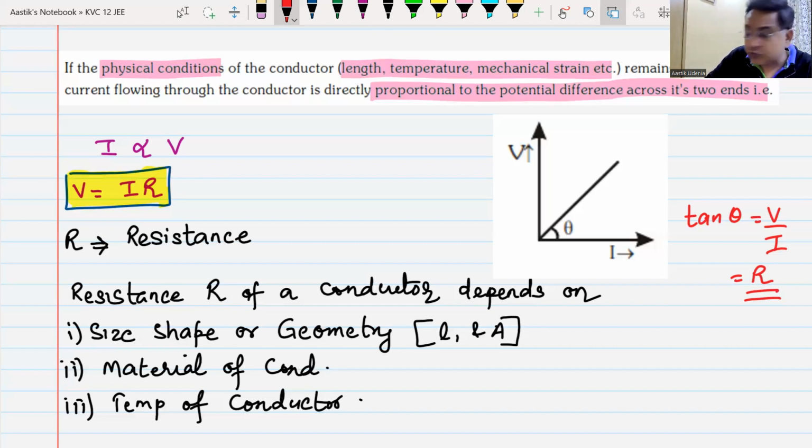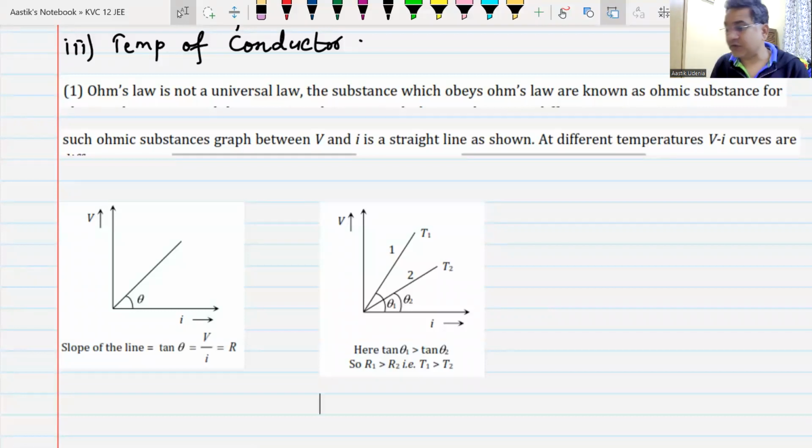Okay. So remember, Ohm's law is not a universal law. Some bodies may follow Ohm's law. They are known as ohmic substances. Do we understand this?